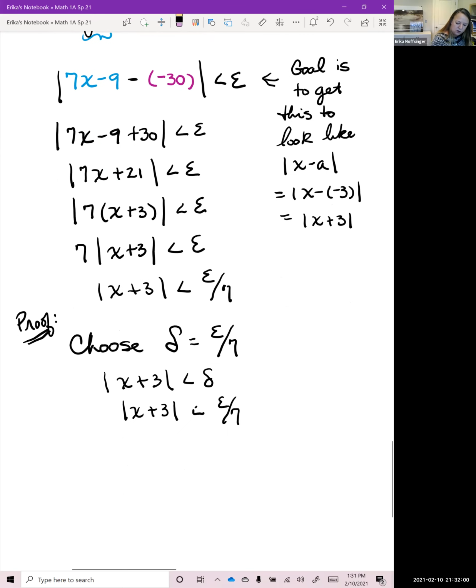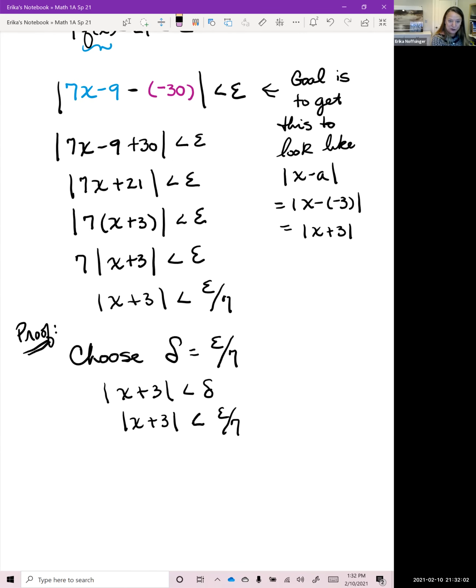And our whole goal is to get back to what we had originally started with. So multiply both sides by 7, we get 7 times the absolute value of x plus 3 is less than epsilon. This is a positive number, so we can put it inside the absolute value. So 7 times that quantity, x plus 3, is less than epsilon.